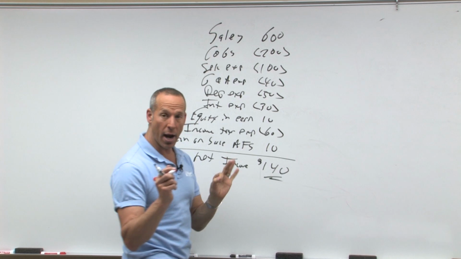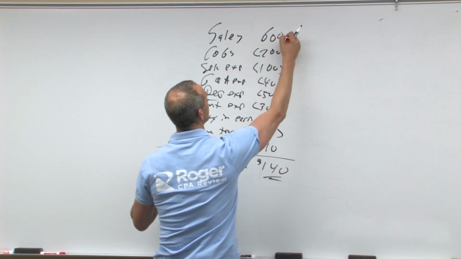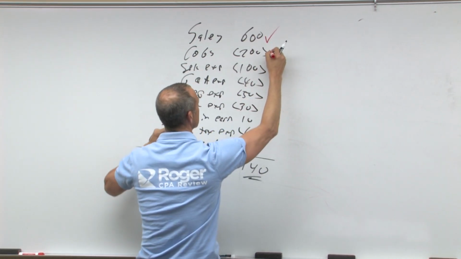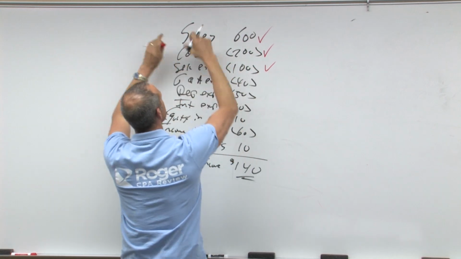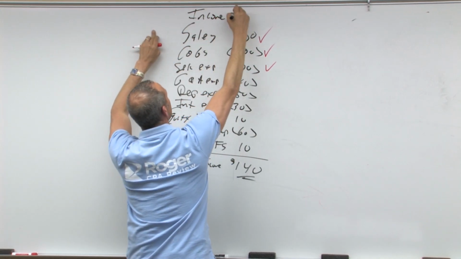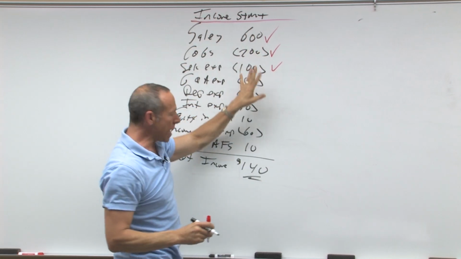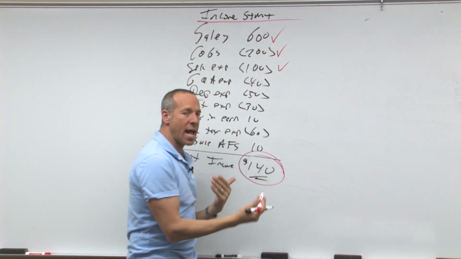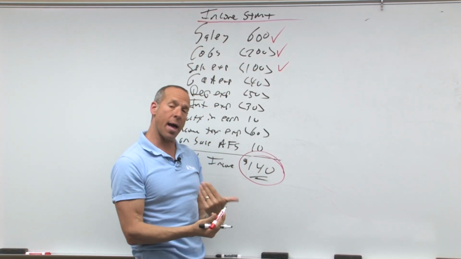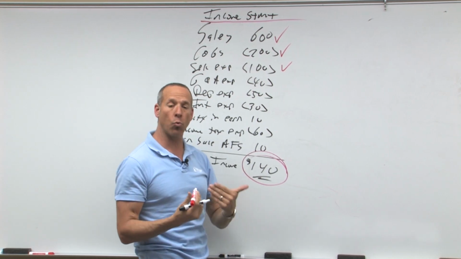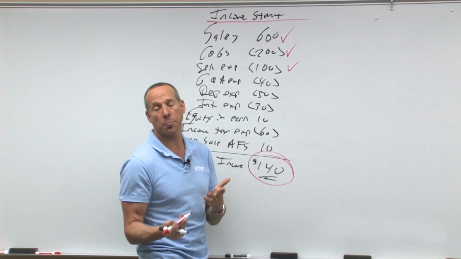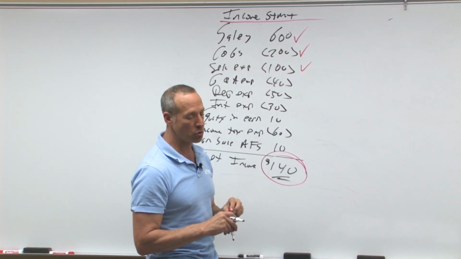Now, under the direct method, you take every item and directly convert from accrual to cash, because this is my income statement. Under the indirect method, you start with 140 and you indirectly reconcile back by adjusting things that were not cash or not expenses and so on. So that's what we're going to do as far as adjusting it.